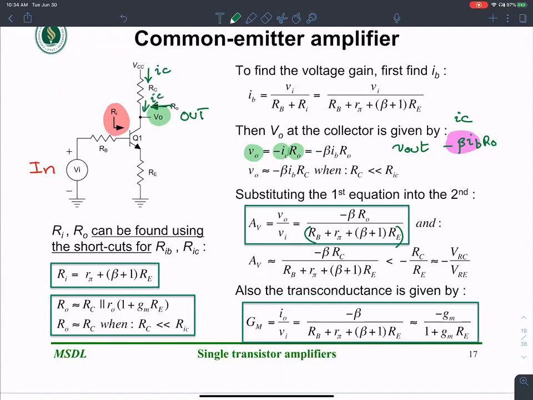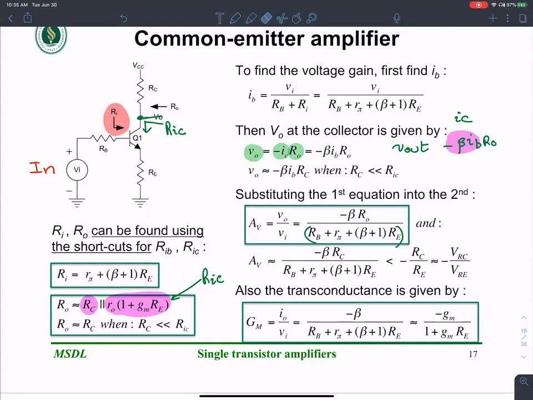and then there is a resistance RIC looking into the collector. So R output is going to be the parallel combination of RC and this RIC. Remember what this term is? We know that RIC, the resistance looking into the collector, is going to appear in parallel with RC. That's all there is to it.